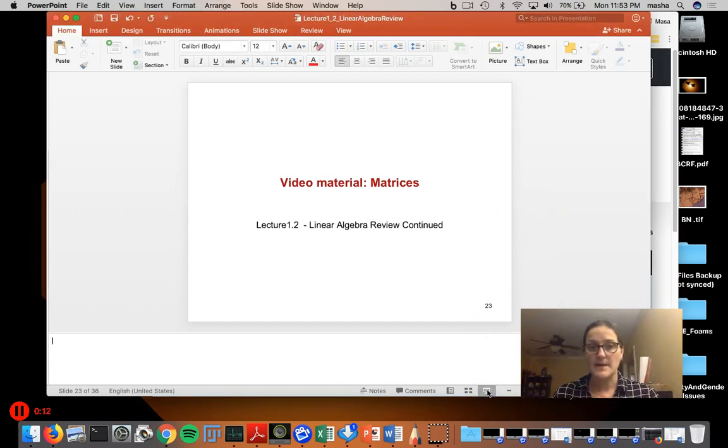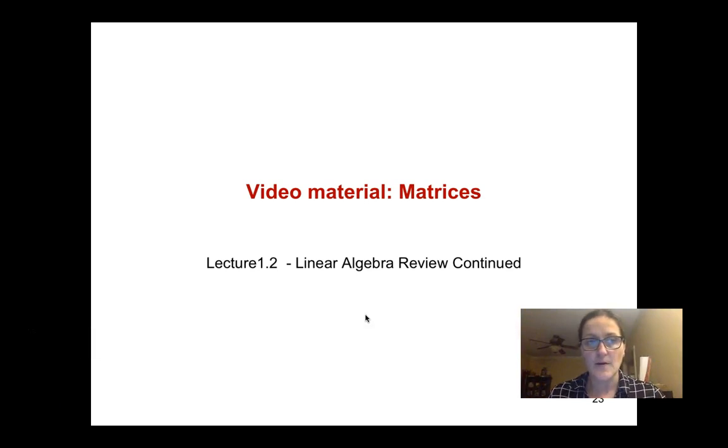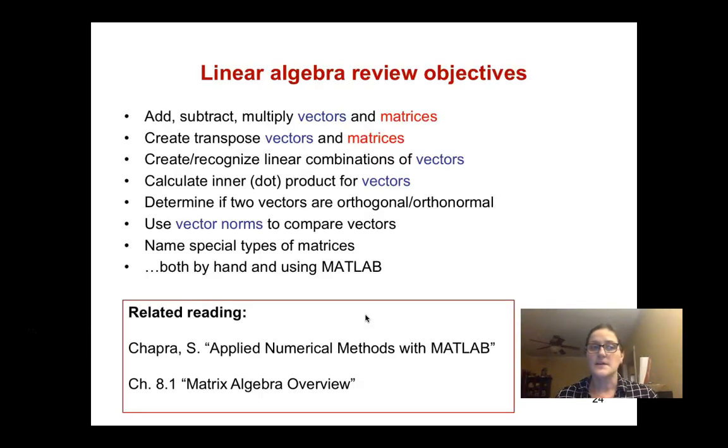So just to remind everyone, our objective in this lecture is to review how to add, subtract, multiply vectors and matrices, create transpose of both of them, and then do various things with both vectors and matrices, such as linear combinations.